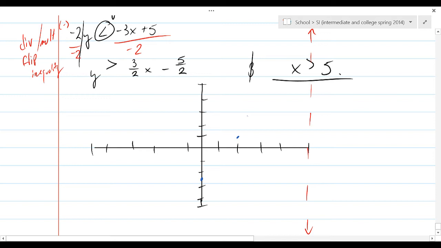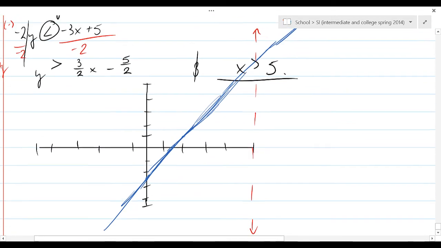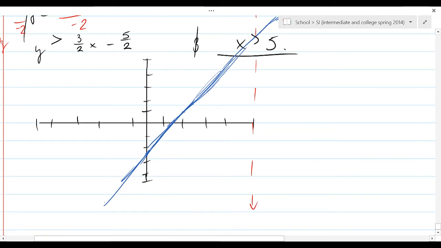Now we can make that line. Okay, that'll work. There's our line. Arrowheads, of course. They do matter.